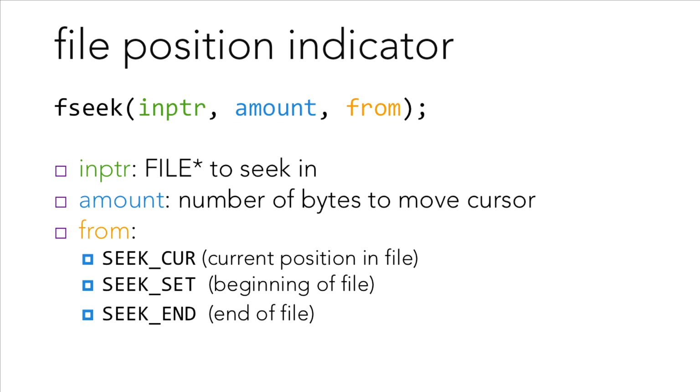The amount is the number of bytes that you want to move the cursor, and then from relates to the reference point from where your cursor is. If you pass in SEEK_CUR, that represents the current position in the file, or you can use some other parameters. So we might want to use fseek to skip over the padding of the in file. And again, if you're stuck, there's an example of that in copy.c.